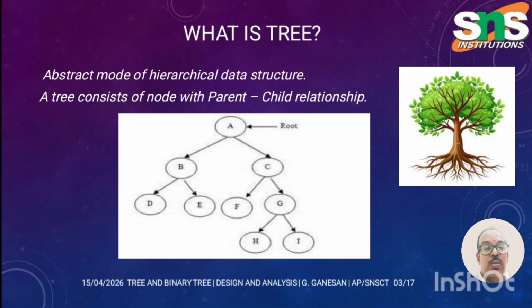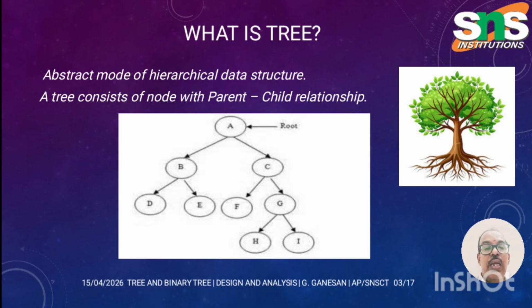So top to bottom means a top to bottom approach here, and one more thing, bottom to top approach is there. So in natural trees, it grows from the bottom of the tree, that's called as a root, but in data structure, roots are the top.